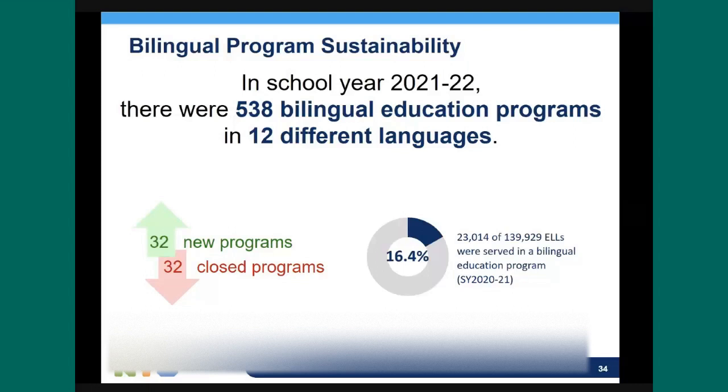People brought up where there are opportunities for students to join these programs. We discussed that families have the opportunity to opt for English as a new language only, and the majority of our families do ask for English as a new language programs. So only 16% of our English language learners are currently being served in a bilingual education program.